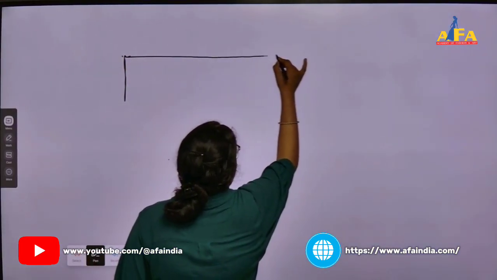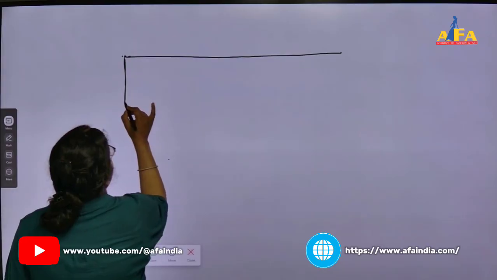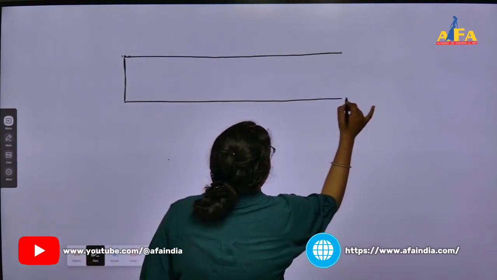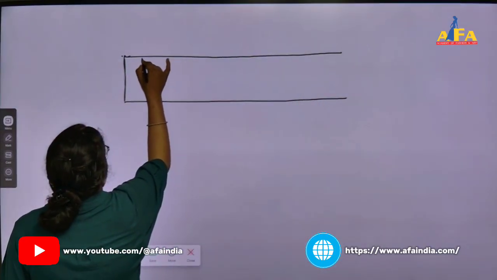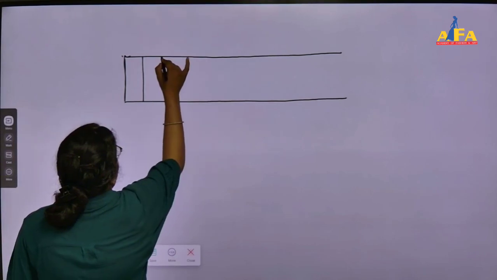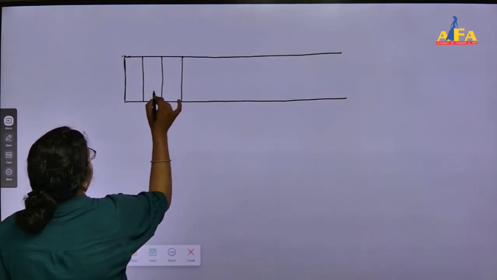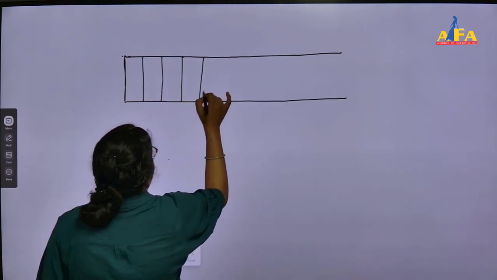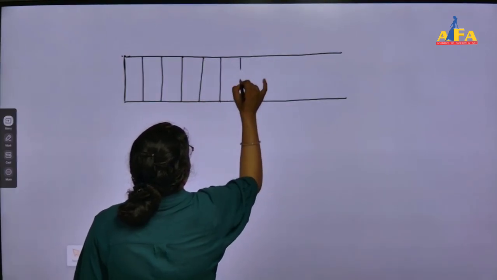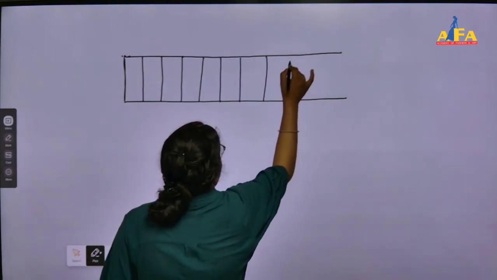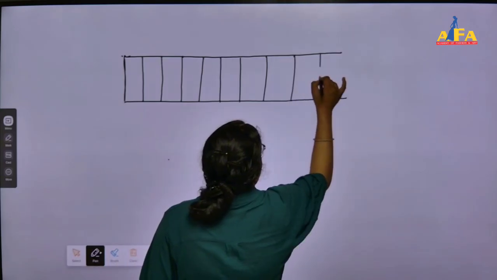We will start with the process of hatching like this. We will try creating 9 boxes on your cartridge sheet: 1, 2, 3, 4, 5, 6, 7, 8 and 9.